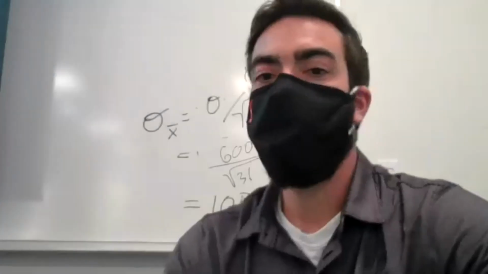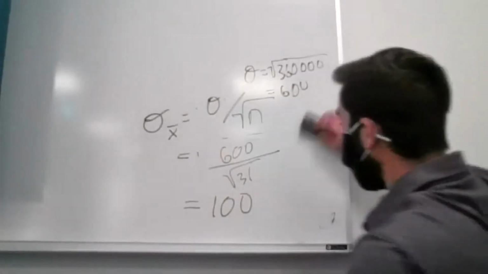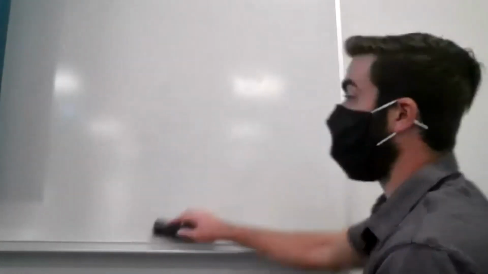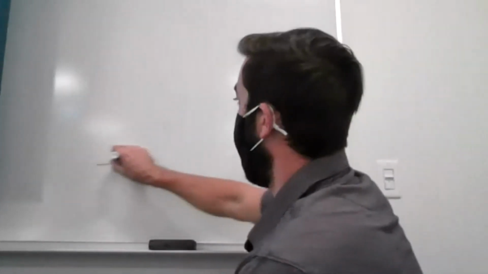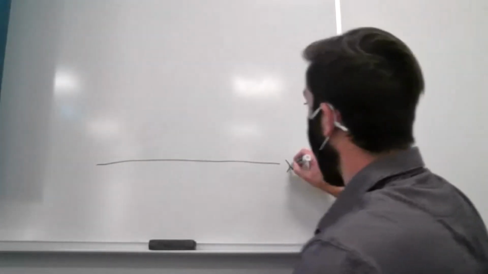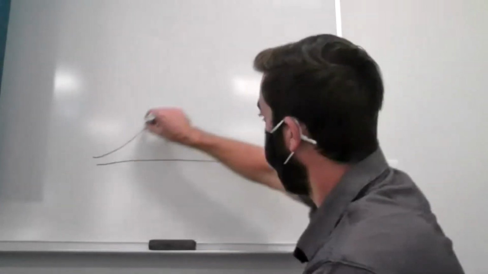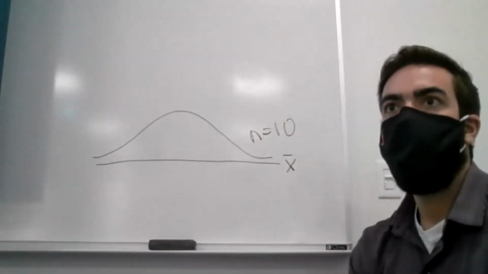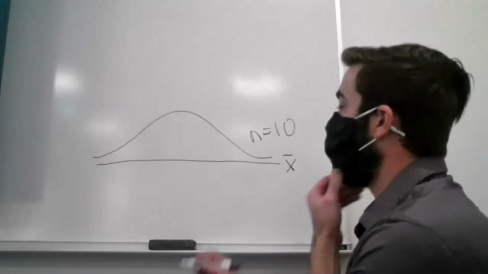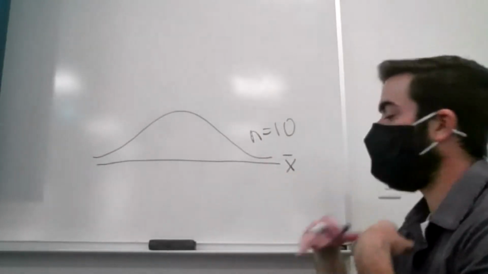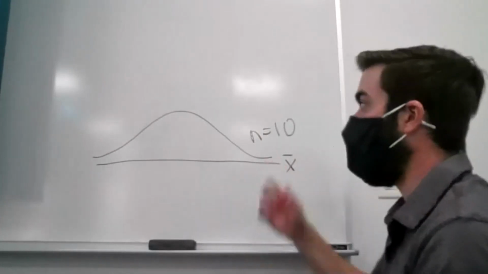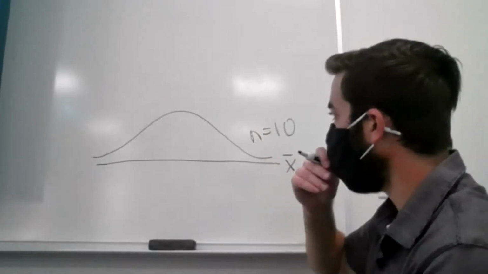And the reason taking a higher sample size ensures that we're more likely to get a value close to the population mean is this. Let's say I took samples of size 10, and for right now, let's assume we're sampling from a variable that's normally distributed, so my sample means will also be normally distributed.